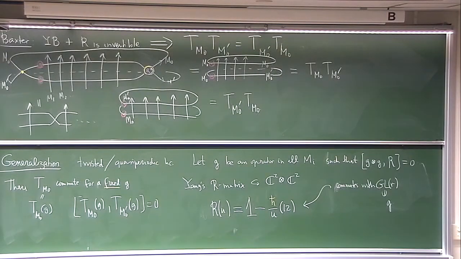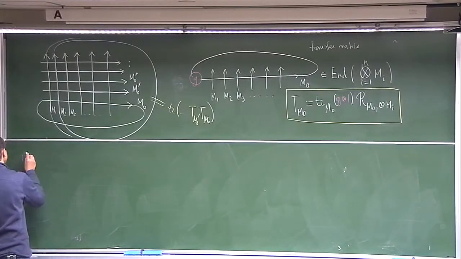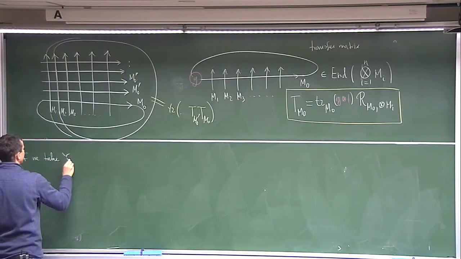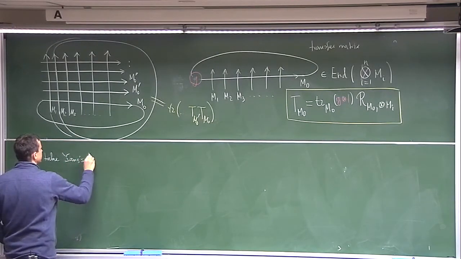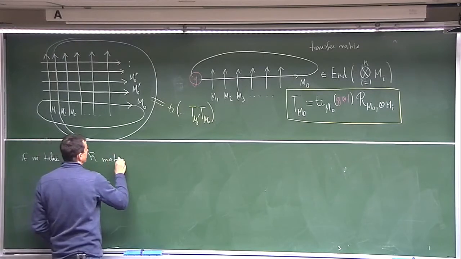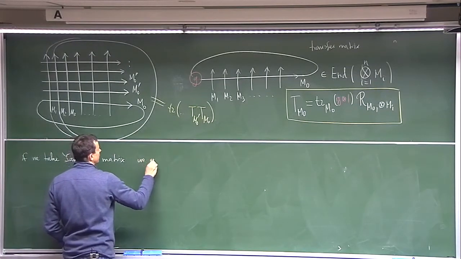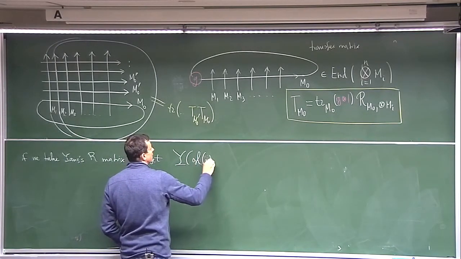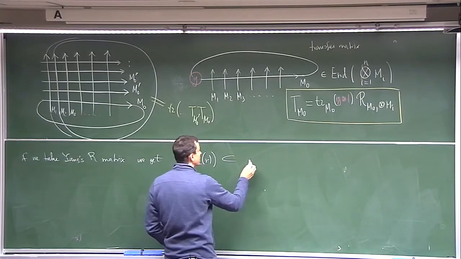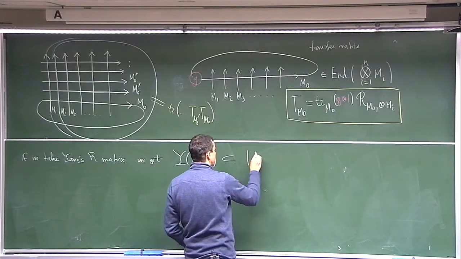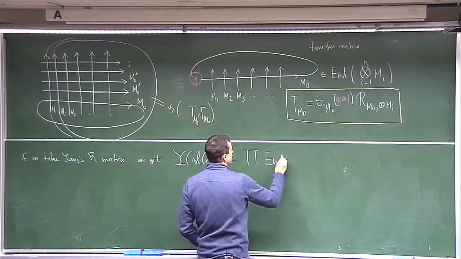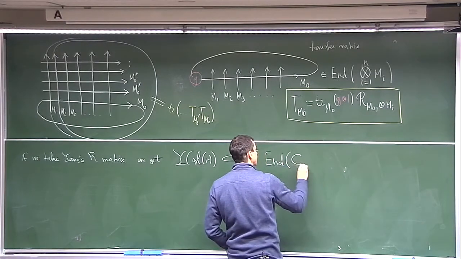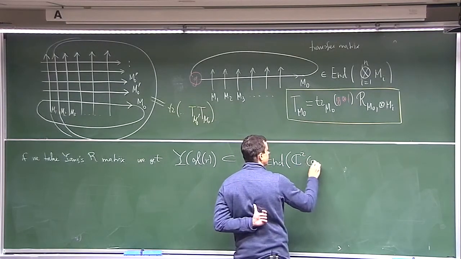And so the conclusion is that if I take this R matrix, we get the Yangian of GLR as a subalgebra in the product. And if you take CR, some variable A1.